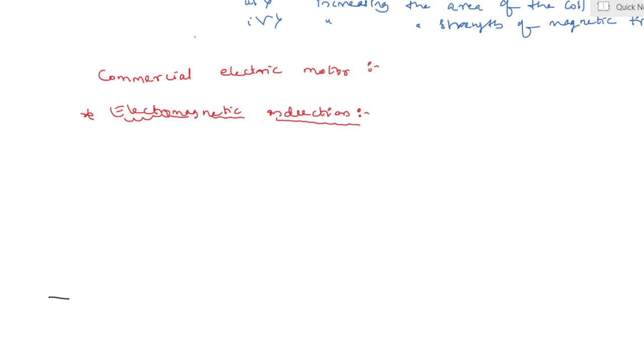An electric current produced in a closed circuit by changing the magnetic field.